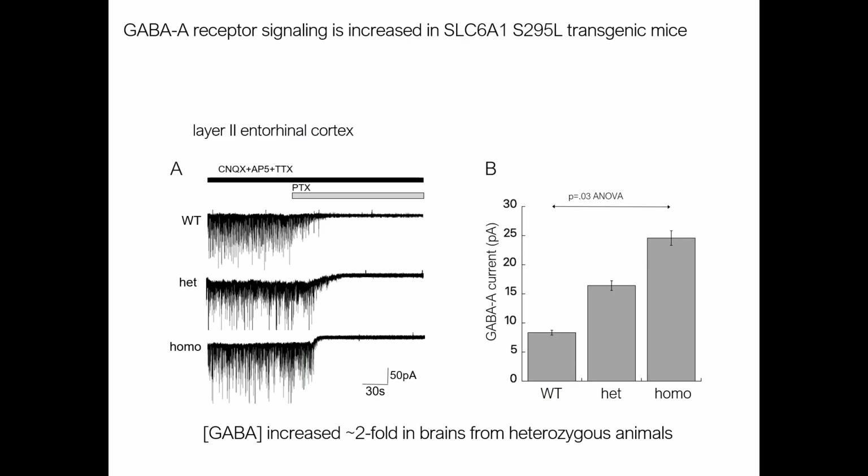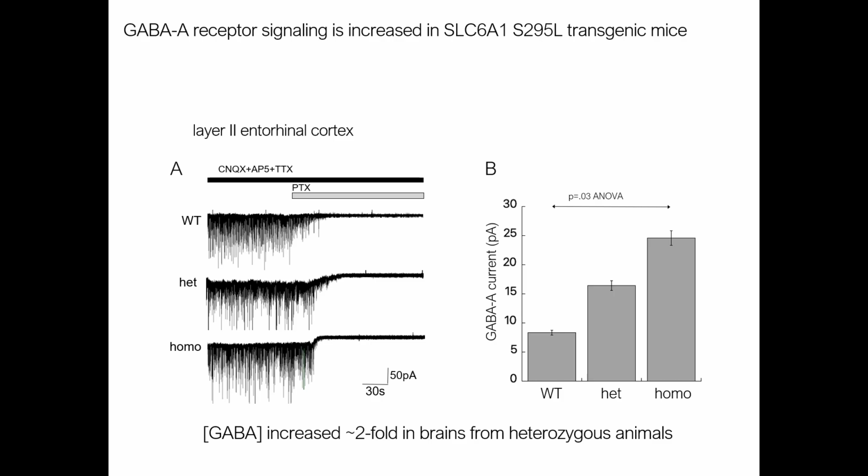So we can see directly that GABA tone is changed in the mutant animals if we record the GABA A receptor activation in wild type neurons, and we can do this by adding a GABA A receptor blocker, picrotoxin, and we can look at the offset of the standing current in the response to GABA A receptor blockade in the heterozygous and homozygous animals.